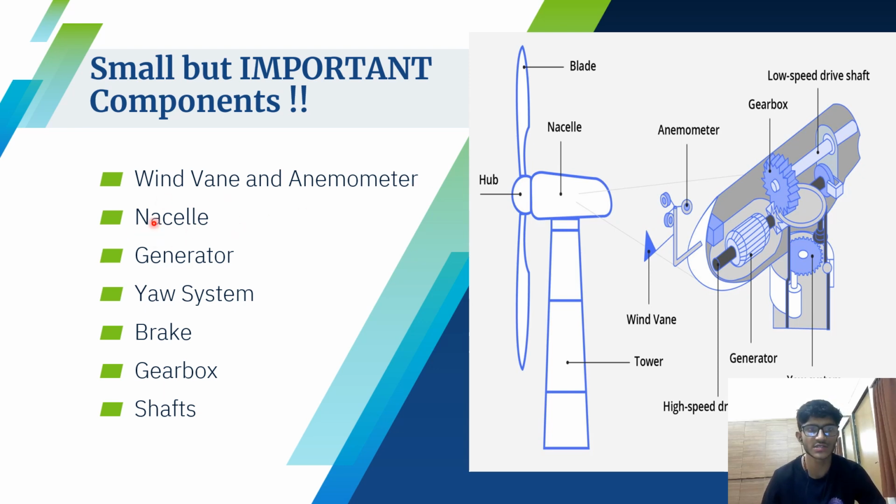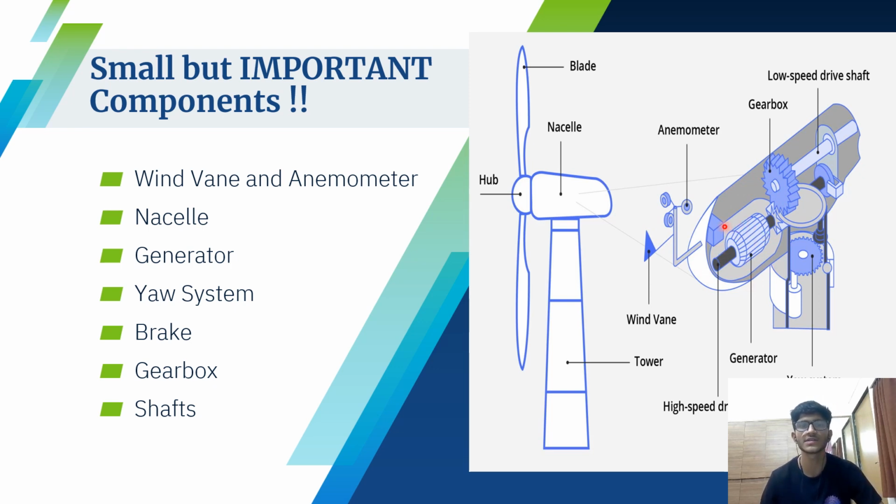Then we have the nacelle. This nacelle is at the top of the tower and contains the gearbox, low and high speed shafts, the generator and brakes, etc. Next we have the generator. The generator, this is the main part. It is driven by the high speed shaft, and it is the main part which generates the electricity.